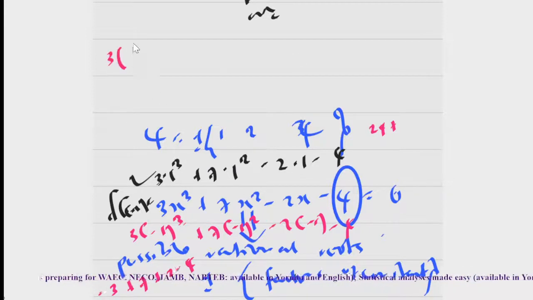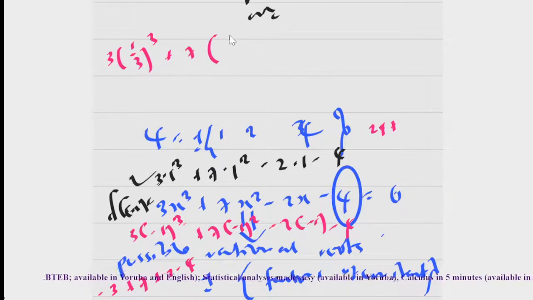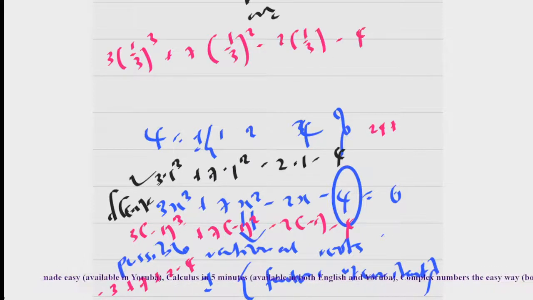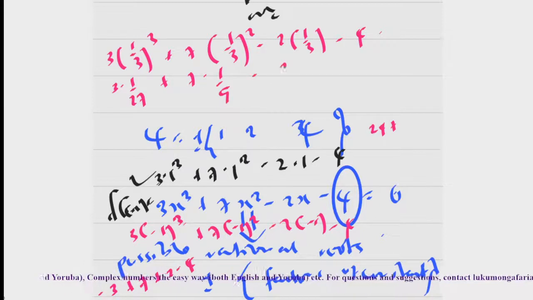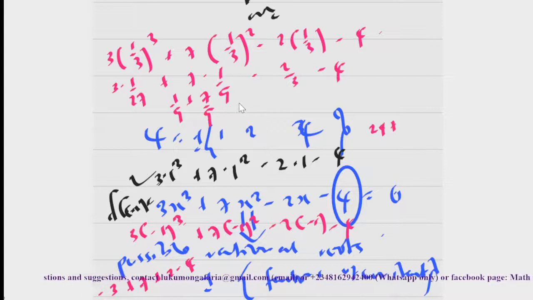That is 3 into 1 divided by 3 raised to power 3, plus 7 into 1 divided by 3 squared, minus 2 times 1 over 3, minus 4. This will be 3 multiplied by 1 over 27, plus 7 times 1 over 9, minus 2 over 3, minus 4.